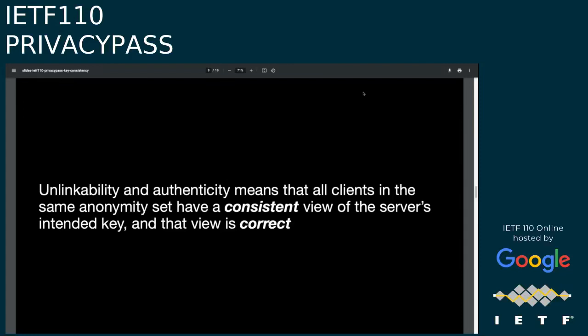We say in this case that all clients in the same set have a consistent view of this key. So the task at hand is to see if we can build systems and protocols, or what the properties of systems and protocols are, that allow us to get consistency and correctness of these keys.